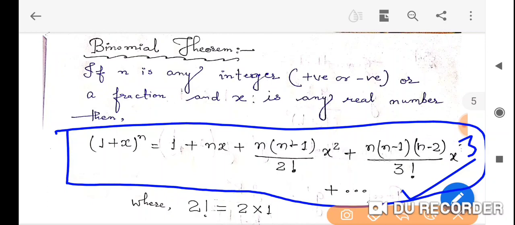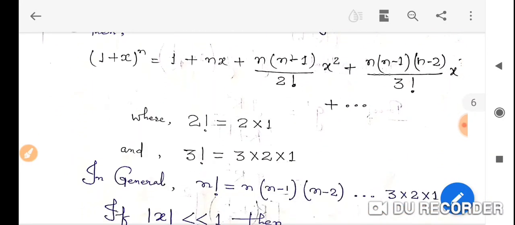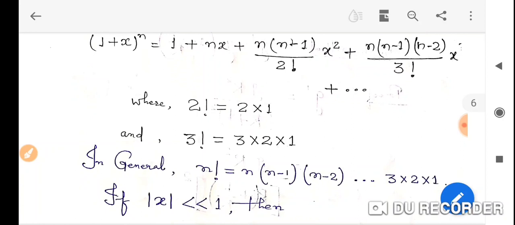Here a new term comes for you. We have used 2 factorial and 3 factorial. Further, 4 factorial, 5 factorial, 6 factorial are used. 2 factorial means 2 into 1. 3 factorial means 3 into 2 into 1.